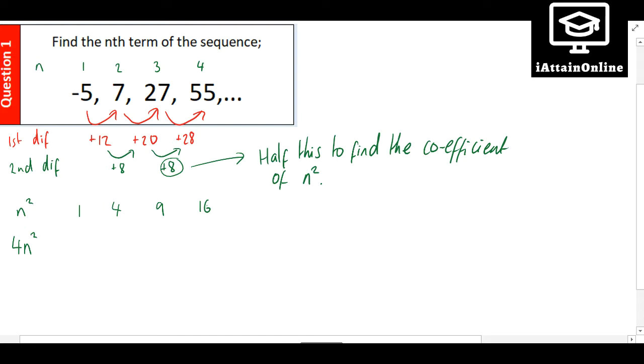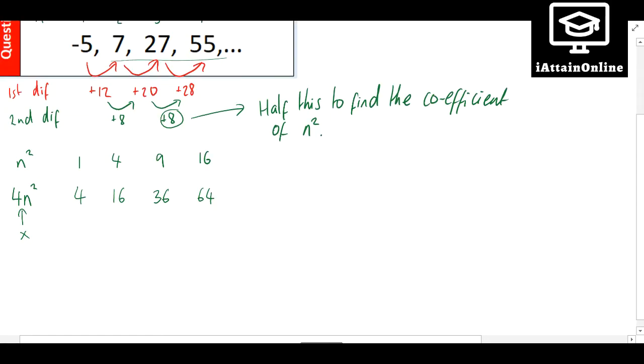We are then going to, because there's an invisible times in there, so 4 lots of whatever n squared is. And we've just worked out those n squared, so all I'm going to do is times the number above it by 4. So that's going to be 36, and that's going to be 64. Okay, now you'll notice that this 4, 16, 36, 64 is not the same as the sequence.